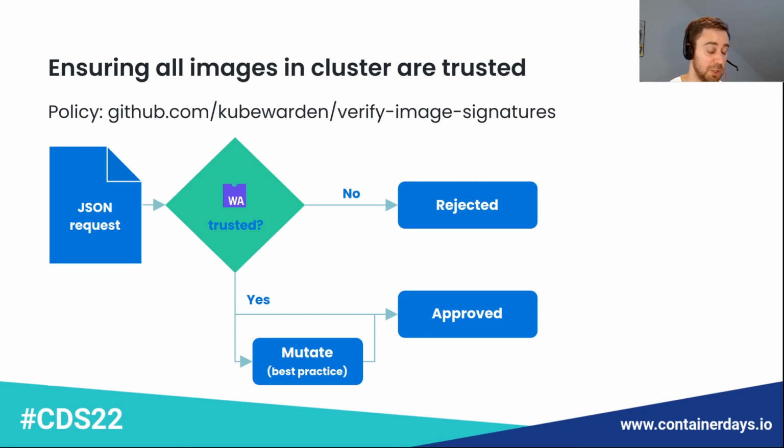But no, we are not done, because container image tags are mutable. You can always create an app example version 1.0 container image, but then you can push the app example 1.0 again, overwriting it, which is not nice. And that poses a security problem. So what we need to do is get that JSON request with the pod and mutate that JSON request.